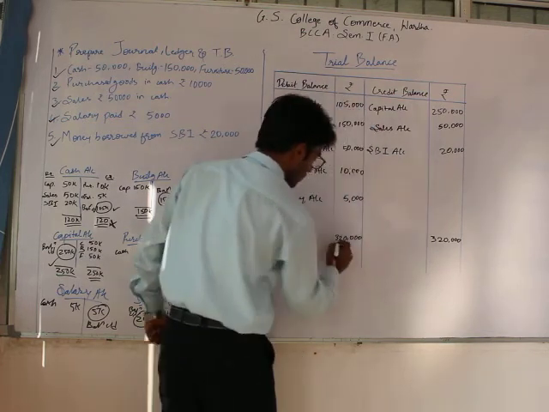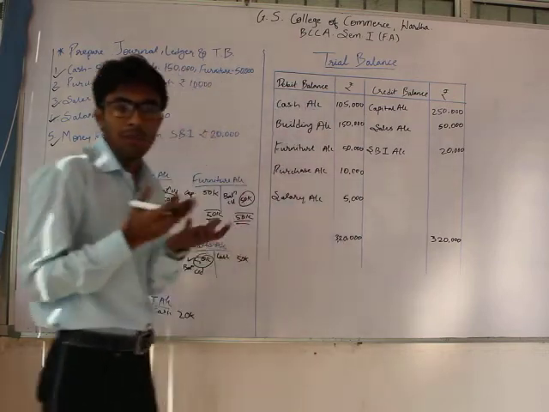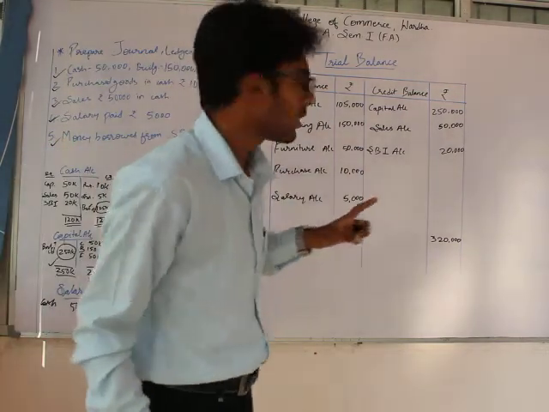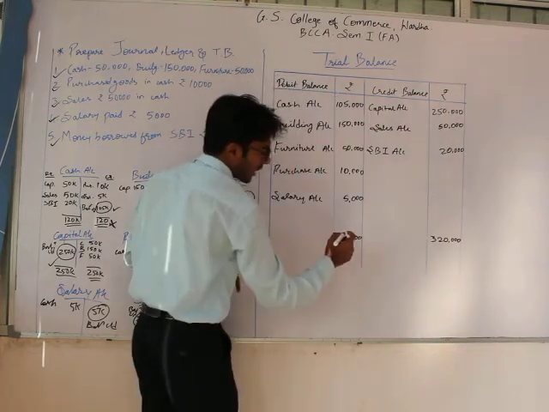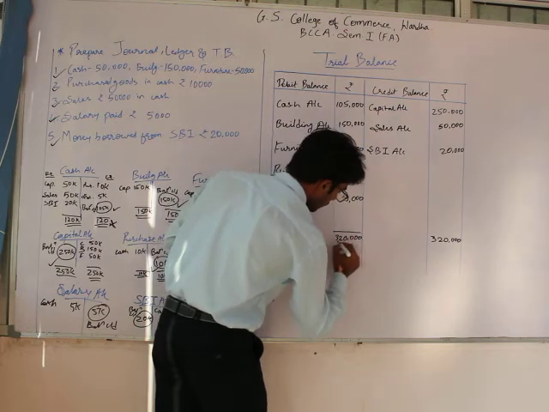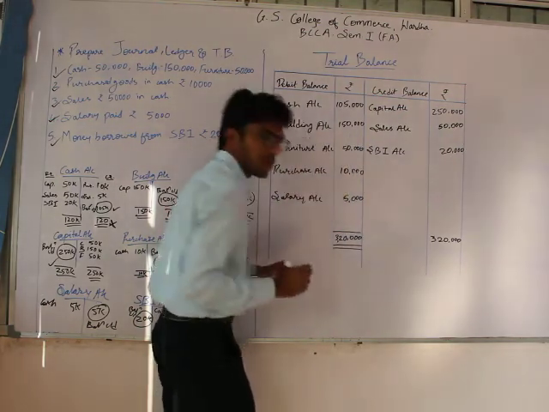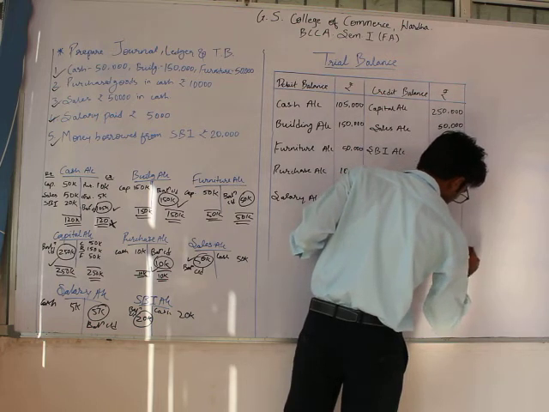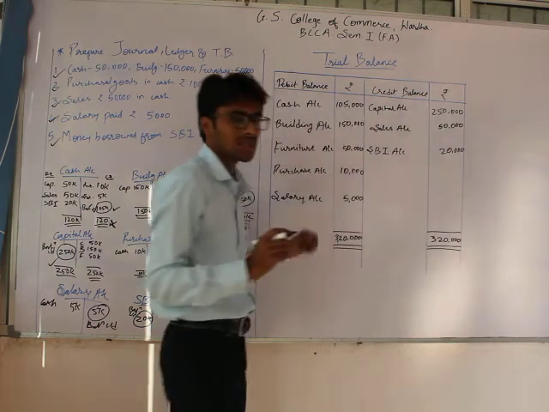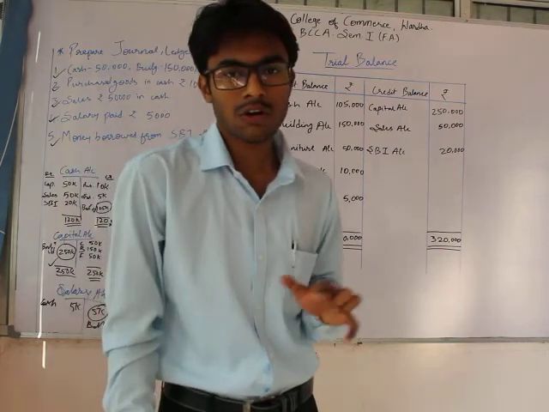Okay, so this is how you can balance out the trial balance. We have calculated this side and this side, and the totals of both sides are matching. This has to match. If it is not matching, that means there is some sort of mistake.